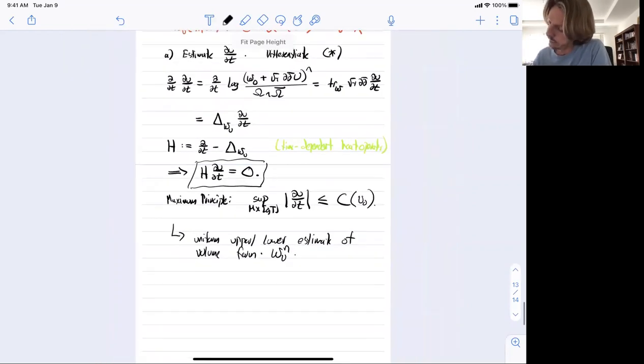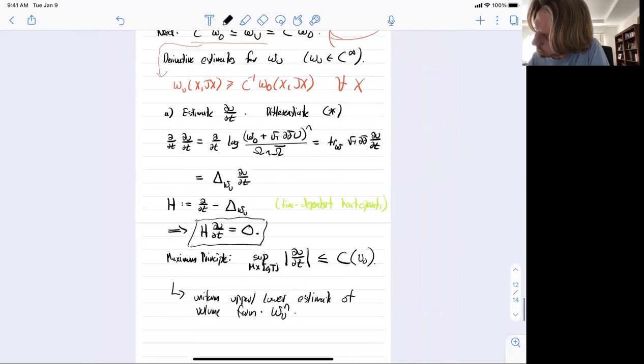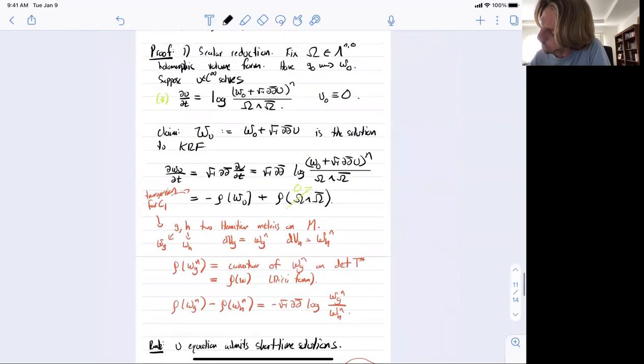Because exactly del u del t is the log of the ratio of the moving volume form with the background volume form. So we bounded on the one hand some abstract derivative of u, but it also has this geometric significance.